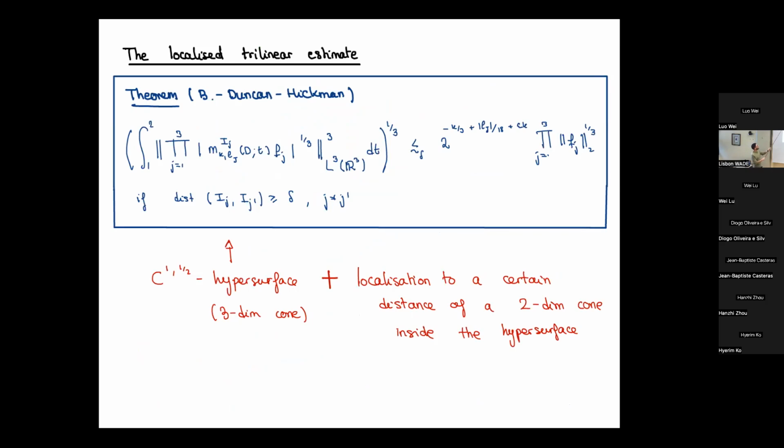This is the estimate. This is an improved estimate, and I'm going to explain what improved means in a second. So we have hypersurfaces, and one of the functions, or even the three, but we are not going to use the three, have certain localization to a two-dimensional cone inside the hypersurfaces.